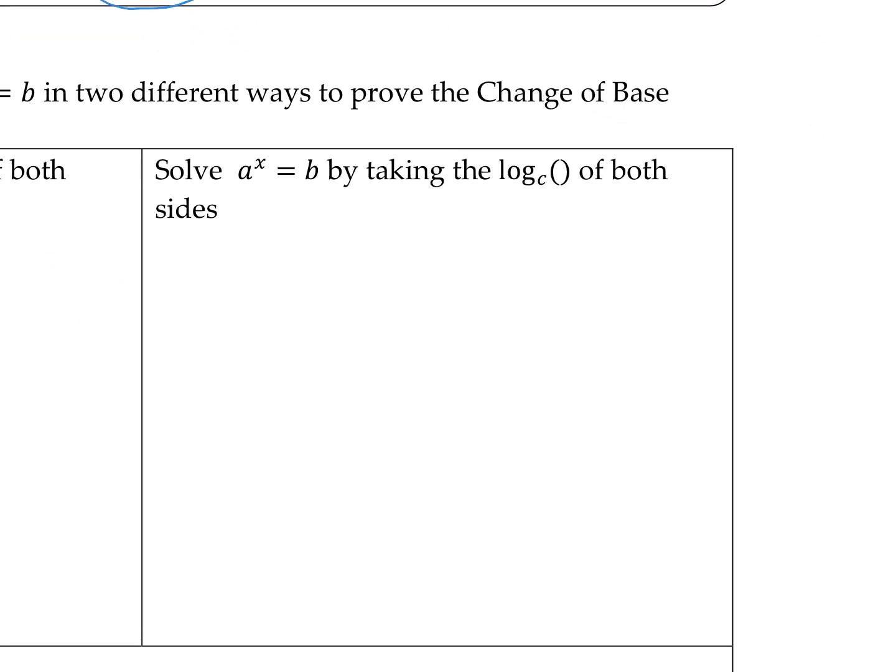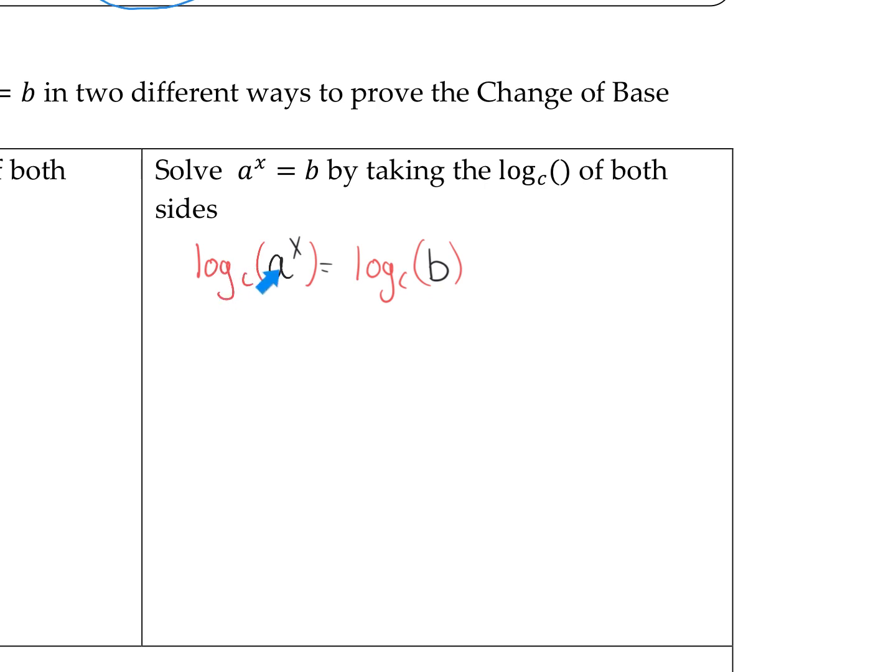The second way that we're going to solve is we're going to take log base c of both sides. So I had a to the x equals b as my original equation, and we are going to take log base c of both sides. And you would go, well, why would you take log base c when this is a base a? Again, maybe it's because you don't know what you're doing, or you want to use one of those buttons on your calculator that are easy to access.